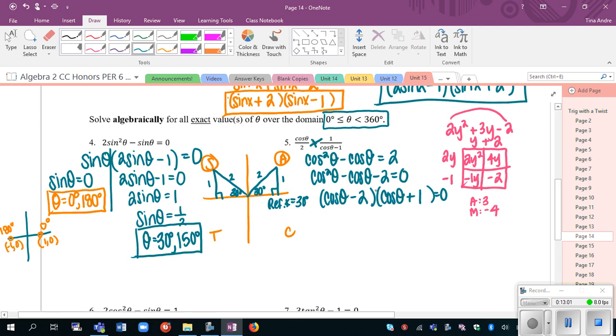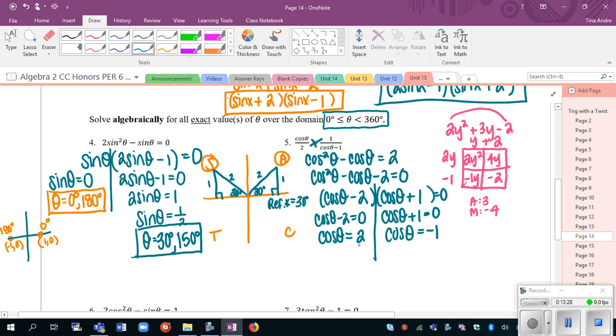And then we can split this, setting each piece equal to 0, since it's a product equal to 0. And now we have our linear or our first degree situation here. So now we can isolate cosine. So cosine theta equals 2 and cosine theta equals -1.